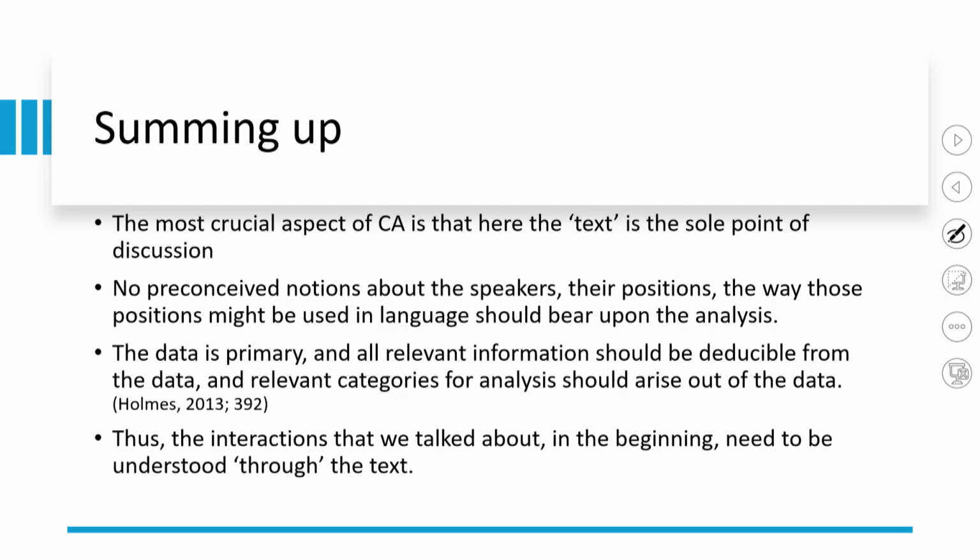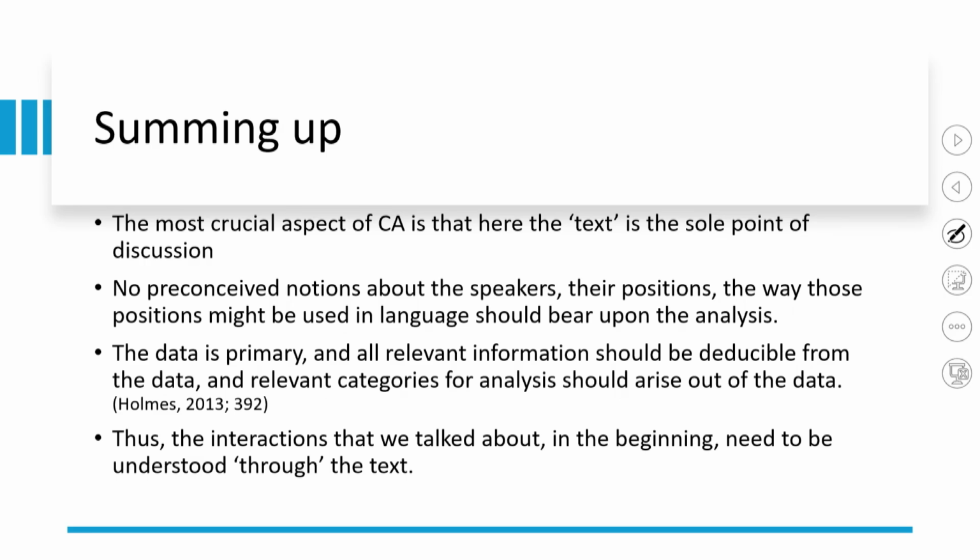So, to sum up, the most crucial aspect of conversation analysis is that here the text is the sole point of discussion. No preconceived notions about the speakers, their positions, the way those positions might be used in language should bear upon the analysis. It should be the other way around. Text is your point of departure.